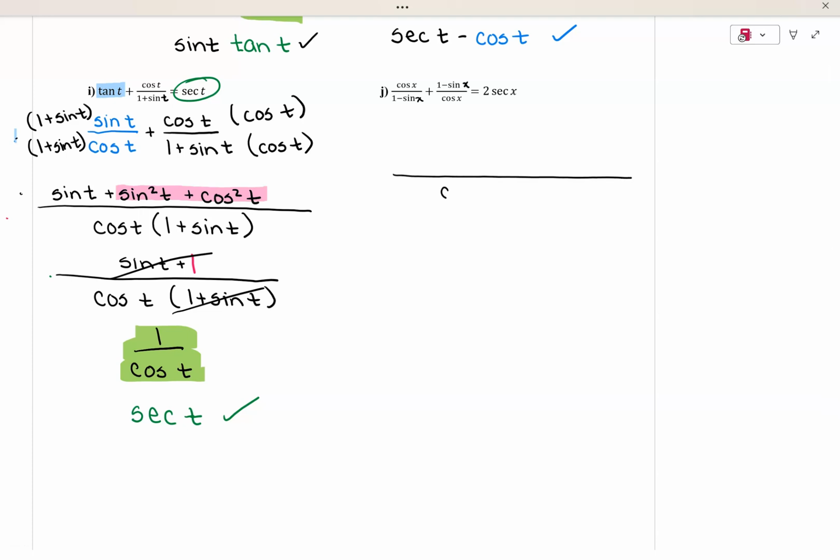So it looks like it's going to be cosine of x and then 1 minus sine of x. So that means over here, we would multiply by cosine of x, and cosine times cosine is cosine squared. Over here, we're going to multiply by 1 minus sine of x.